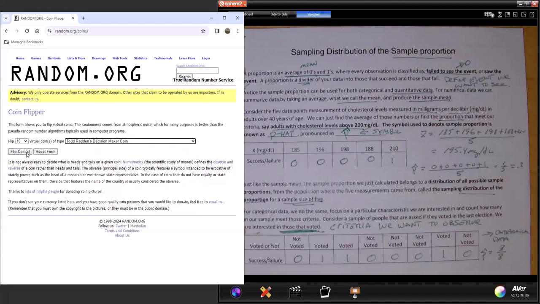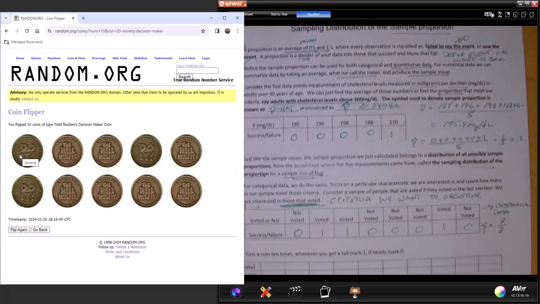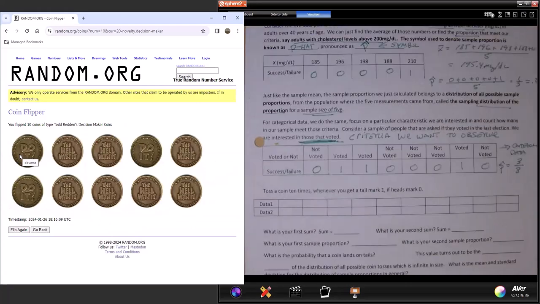And I'm going to flip it. Notice there's two sides of this coin. And what I want to do here is, okay, toss a coin 10 times. When you get a tail, mark 1, if heads, 0. So what's heads? Well, let's say that heads is do it and tails is the hell with it.